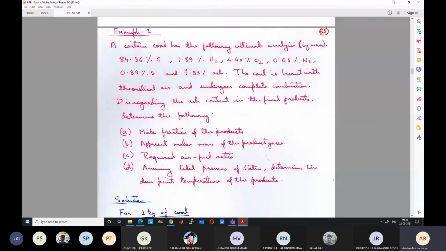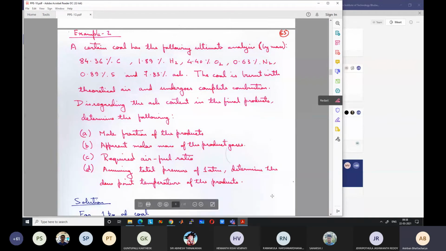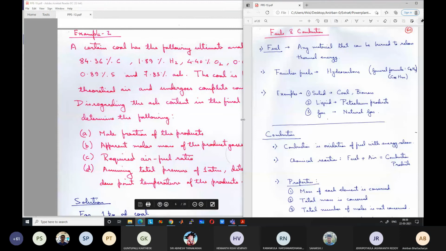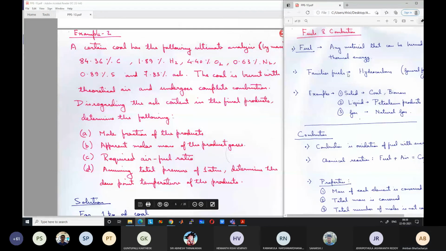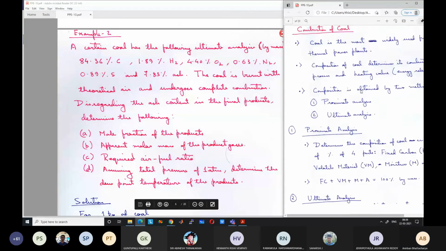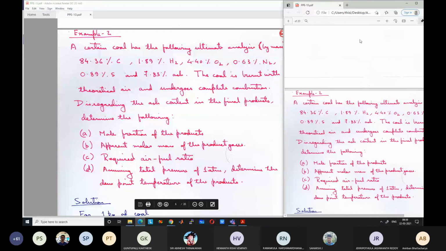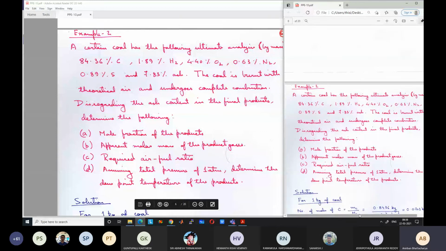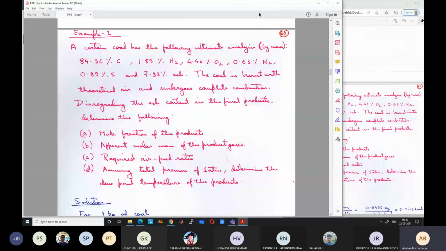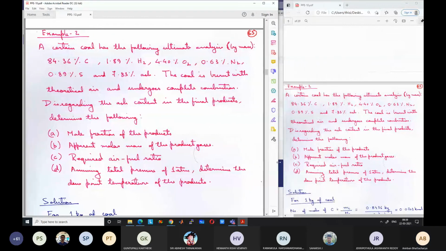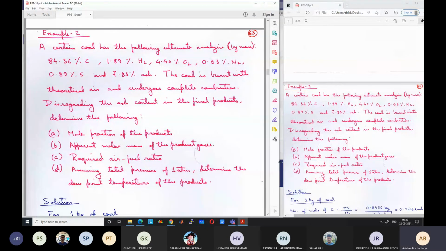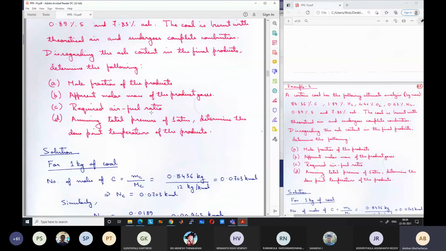So what I am going to do is keep the values open on the other side, because we need to know the percentage of carbon, hydrogen, things like that.